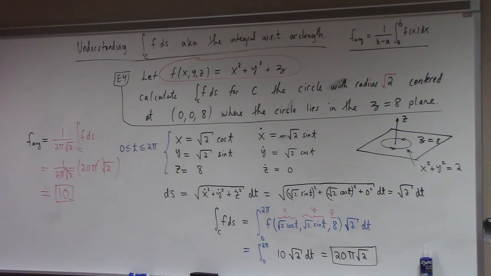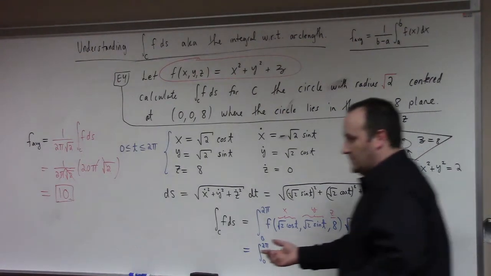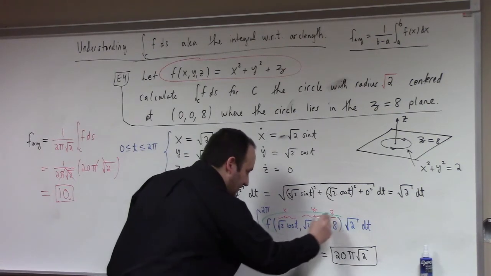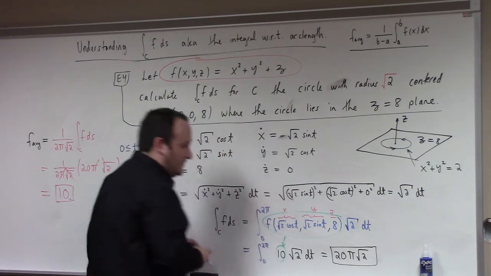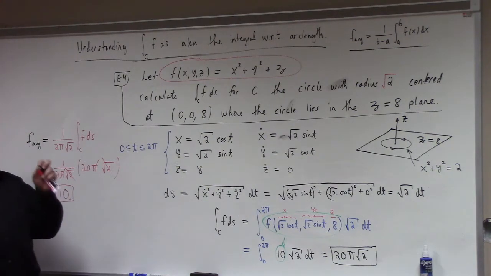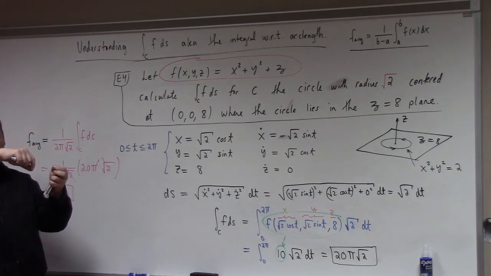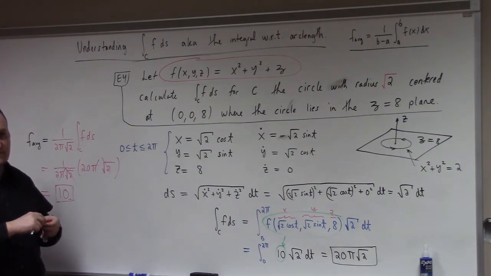I would argue you shouldn't, because if you just evaluate the function on this curve, in other words, if you plug in the parameterization of the circle into the function, like we did in this step right here, and you all told me that that simplifies to 10, what that says is that when we plug in a point on that circle, the value of the function is 10 at every point along that circle. In other words, this function is constant with value 10 on the whole circle. Of course, its average is 10.